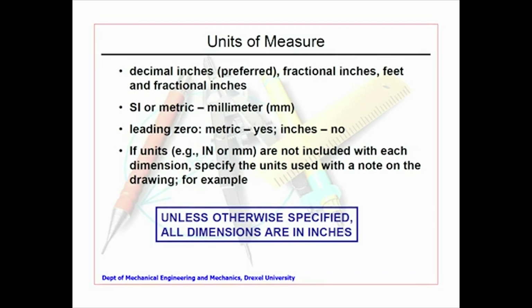Since this was made for the United States, and elsewhere in the world except the US, most of us have all become Systems International, or metric dimensions, a small problem happens here, especially in the case of our students who enter our colleges.